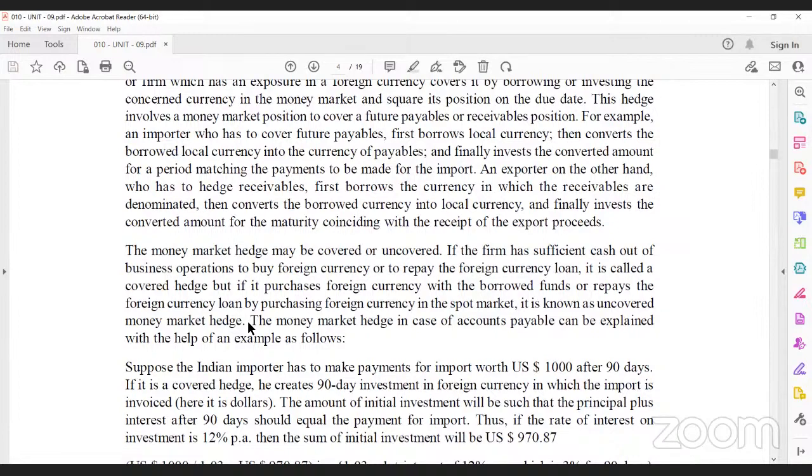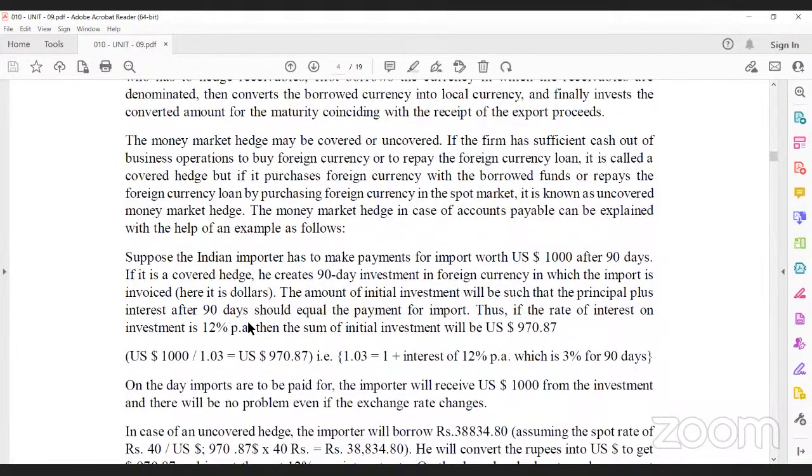The invoice here is in dollars. Now, the initial investment is such that the principal plus interest after 90 days should be equal to the payment for the import. Thus, if the rate of interest is assumed at 12% per annum, the initial sum invested will be 1,000 US dollars discounted at 12%.